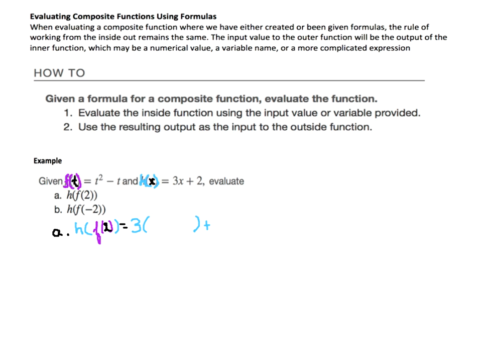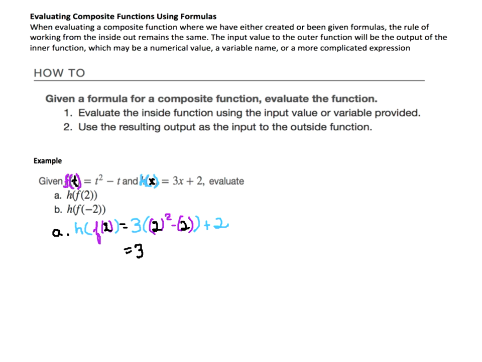I leave room to plug in. And what am I plugging in? My f function. So that's something squared minus something. And it doesn't say plug in t. It says go ahead and plug in 2 for t in your f function. So this is the expression that I'm going to be simplifying.